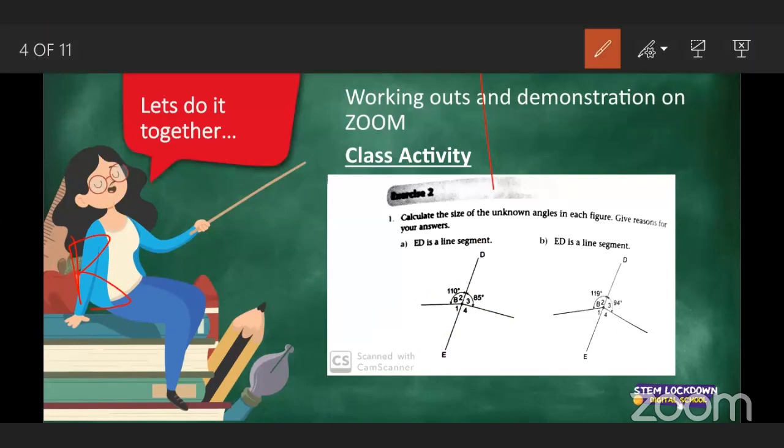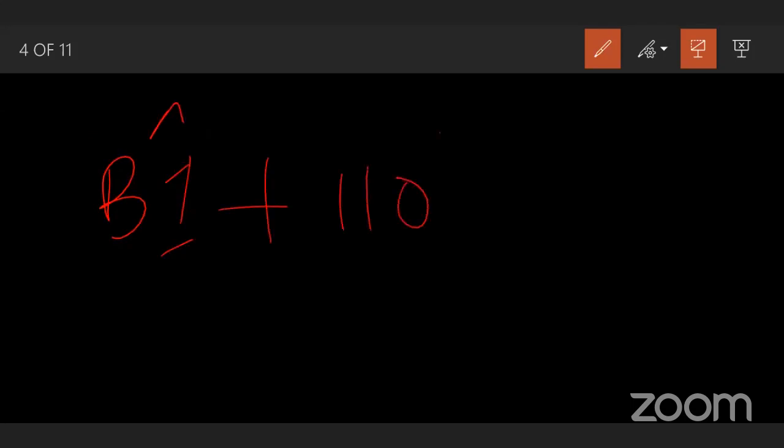So let's do this then. From here to here, half a cycle, 180 degrees. And now we must calculate angle B1. Ne? So let's calculate angle B1. We'll have B1 angle plus 110 degrees equals 180 degrees.